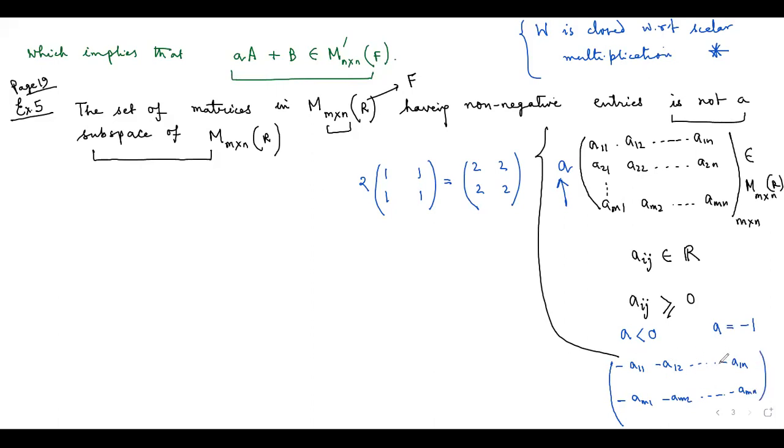It is no longer a non-negative element. It will not belong to the set, and therefore W, the so-called subset, is not closed with respect to scalar multiplication. So therefore it is written in example 5 that this particular set is not a subspace of the vector space M cross N R.